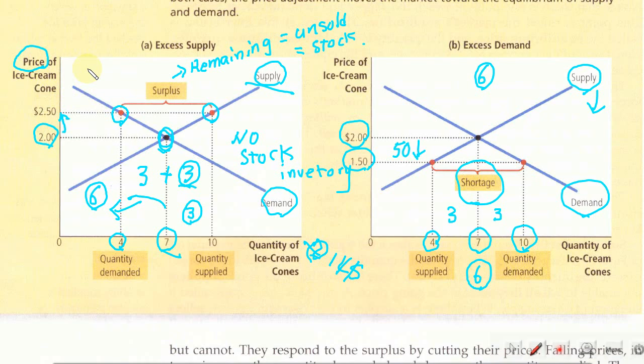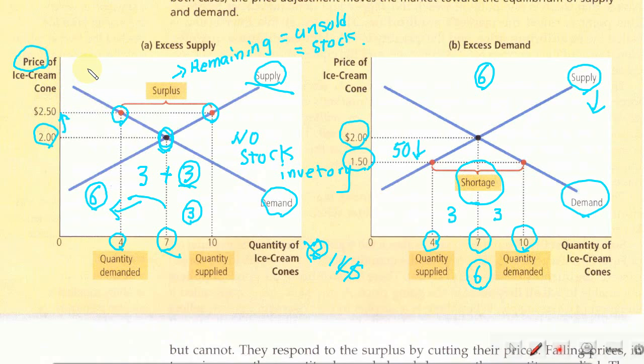This one variable makes an influence on surplus and shortage as the point moves along the demand line and along the supply line.